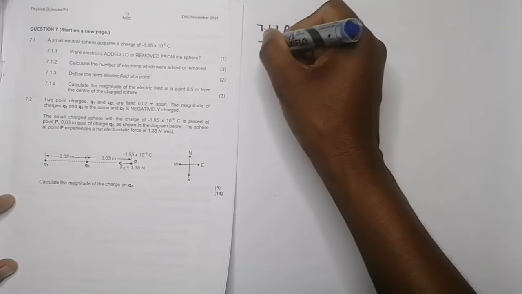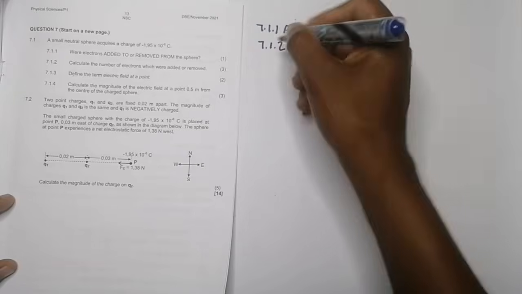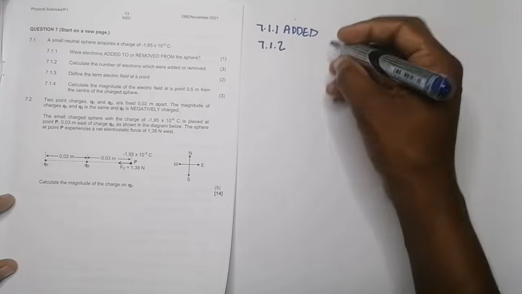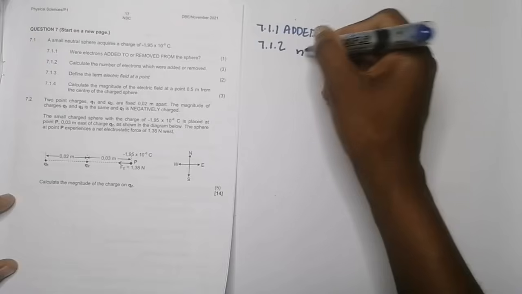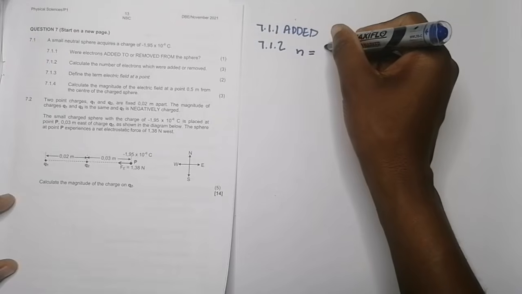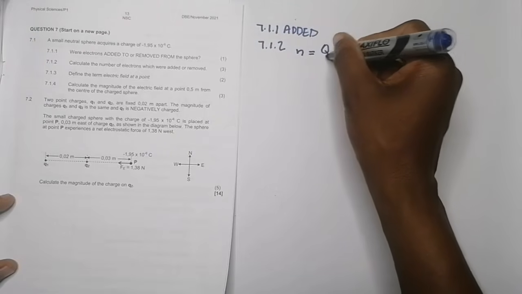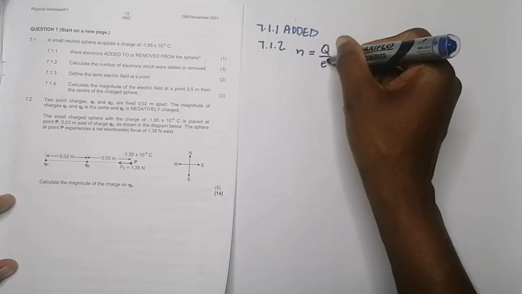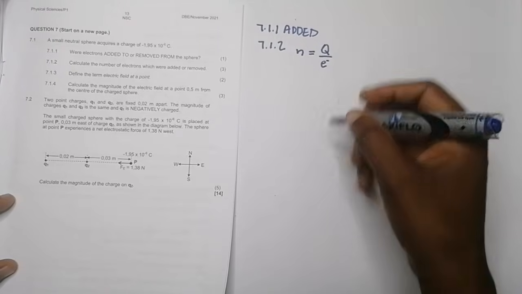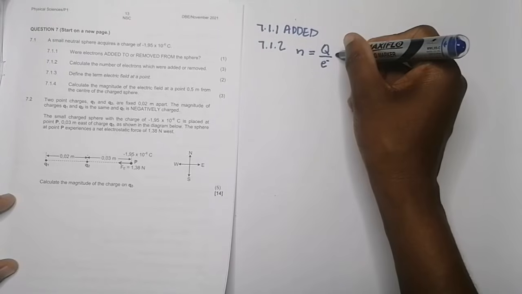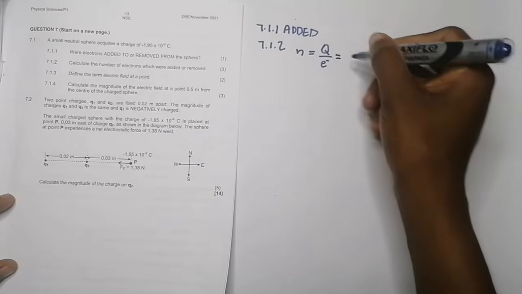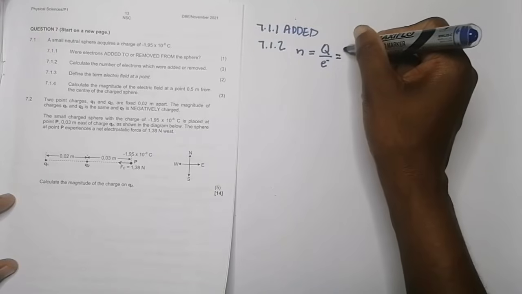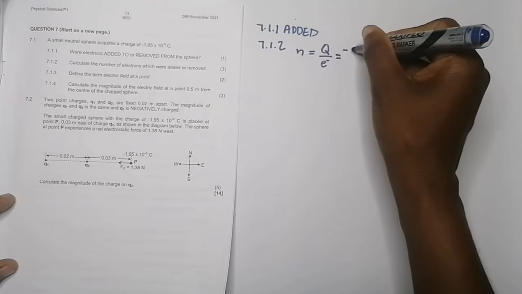We have the formula that says the number of electrons is the charge divided by the unit charge of an electron. Please remember that the unit charge is actually given.